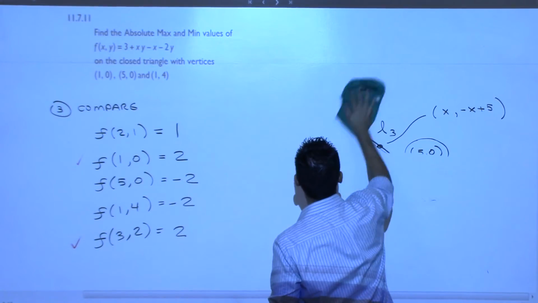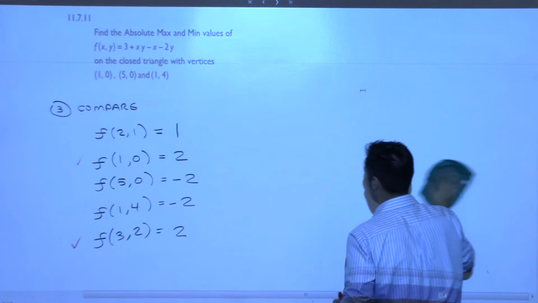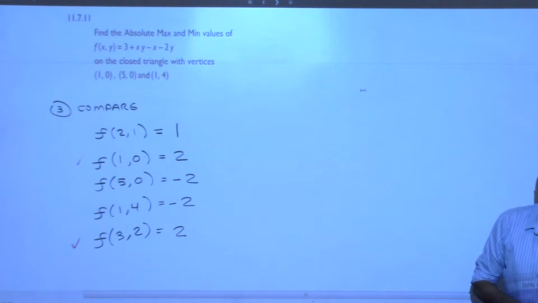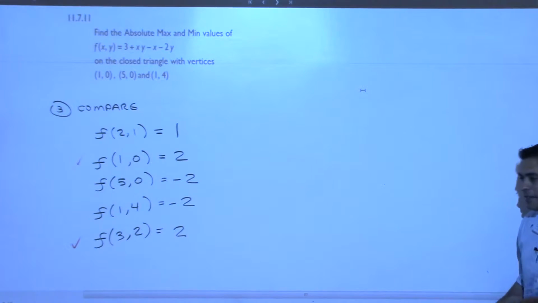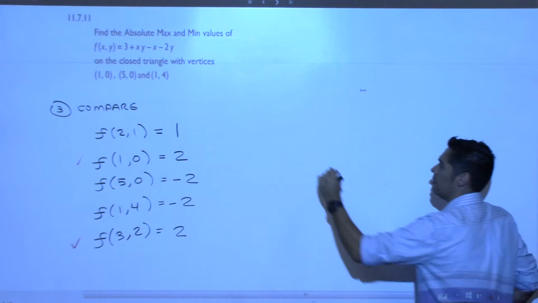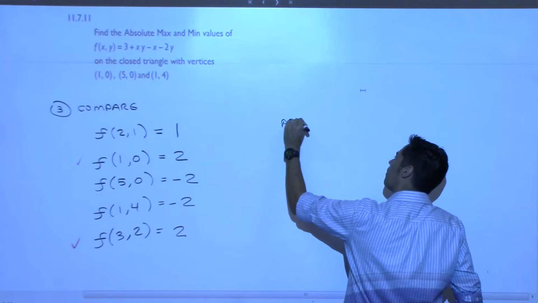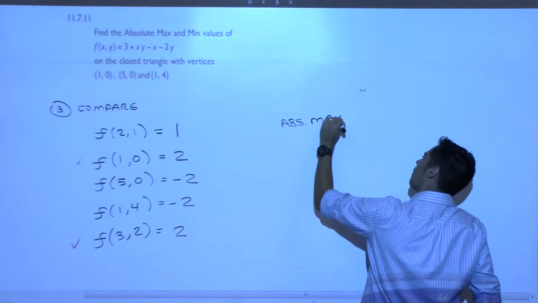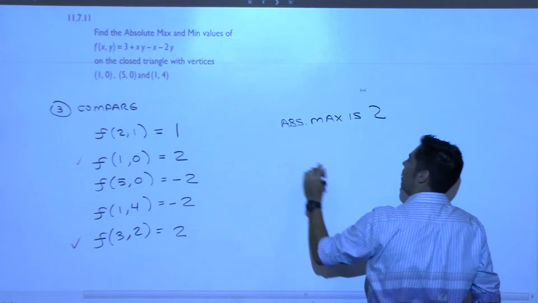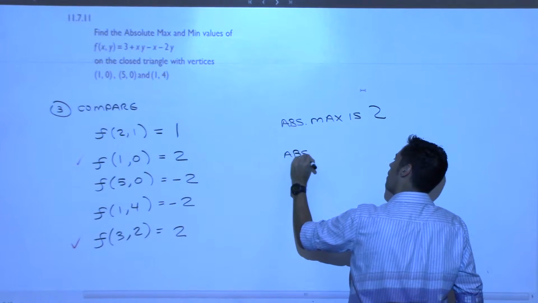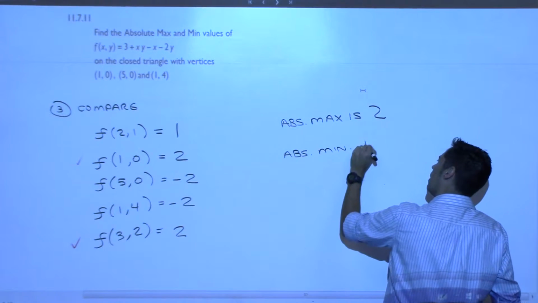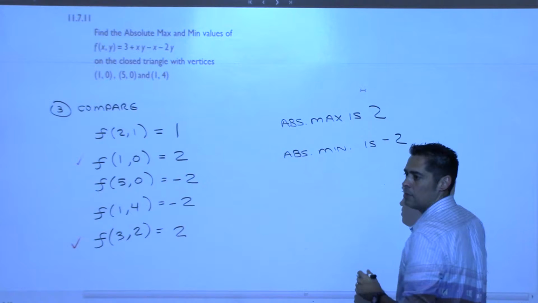So there are different ways we can write down this conclusion, right? We can just simply state it, or write down all the points. I'm going to show you both ways. The absolute maximum is 2, all right? The absolute minimum is -2.